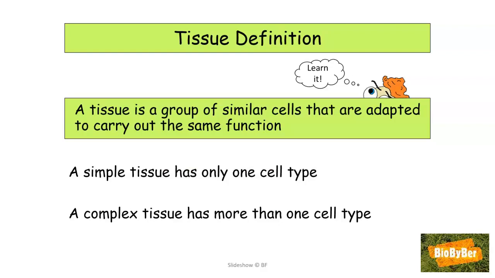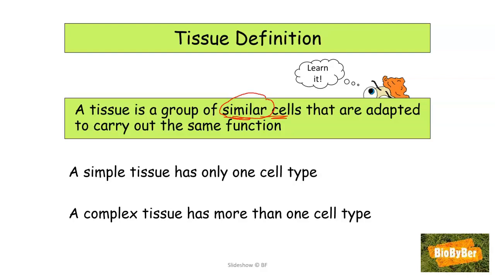So what is the definition of a tissue? Well, a tissue is a group of similar cells. Now this is vital. We must understand that a tissue consists of similar cells.